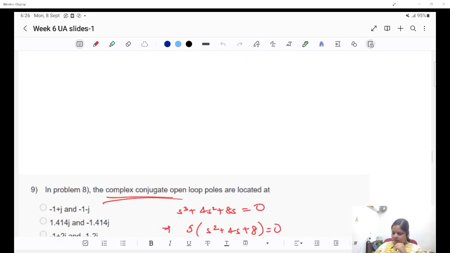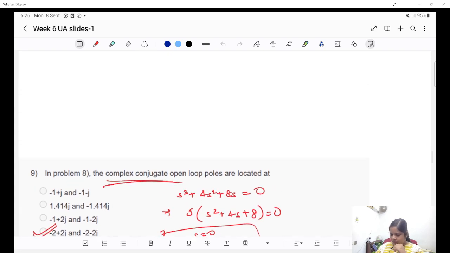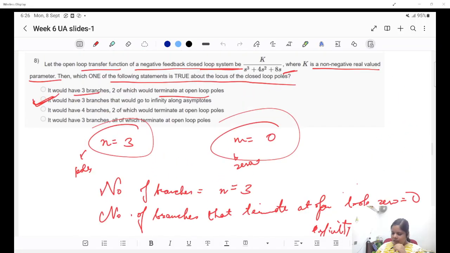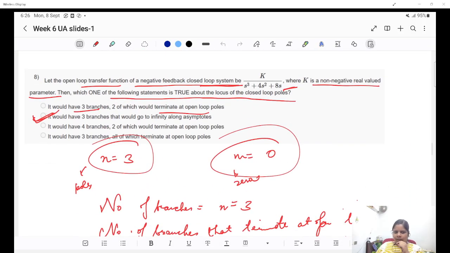If I say the similar steps, then you can see here that there was an open loop transfer function defined with a negative feedback closed loop system, and this system had a case where K was a non-negative real valued parameter, that means K was greater than or equal to 0.